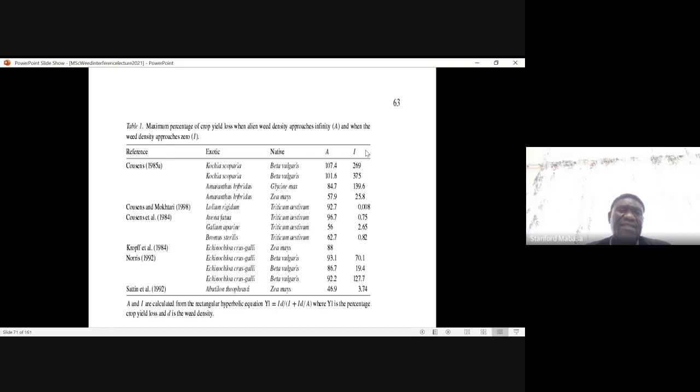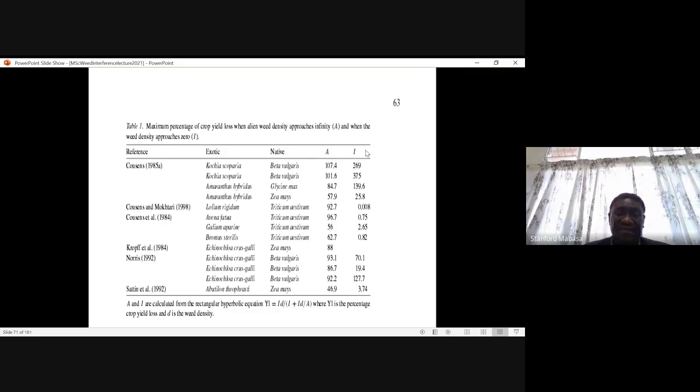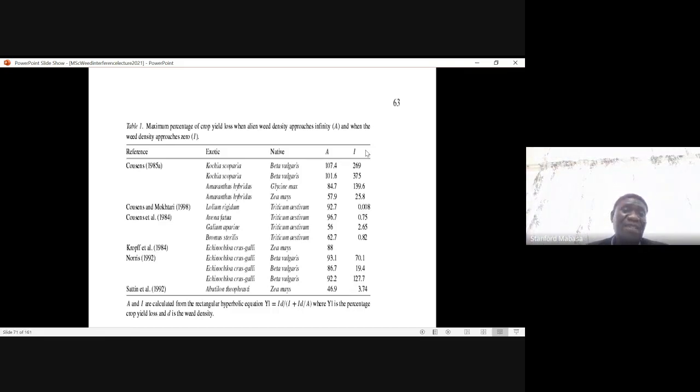What you are saying is that if you take data across weeds in various crops, which could be a lot of work, you can actually characterize these weeds according to weed competitive abilities. And they have different competitive abilities.